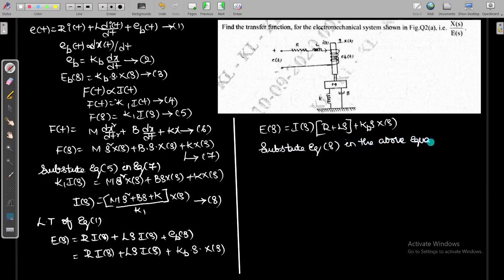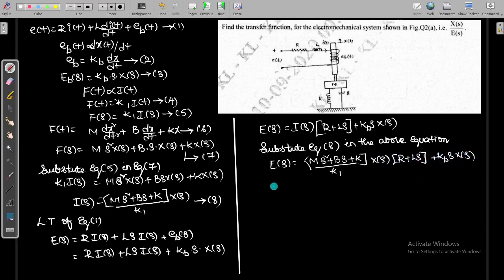So what you are going to get is E(s) equals (ms squared plus bs plus k) divided by k1 into X(s), into R plus Ls plus Kb s into X(s).